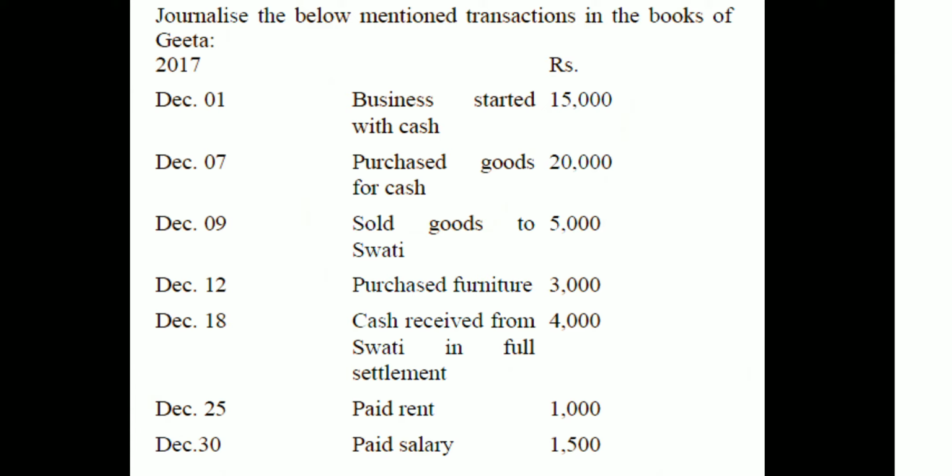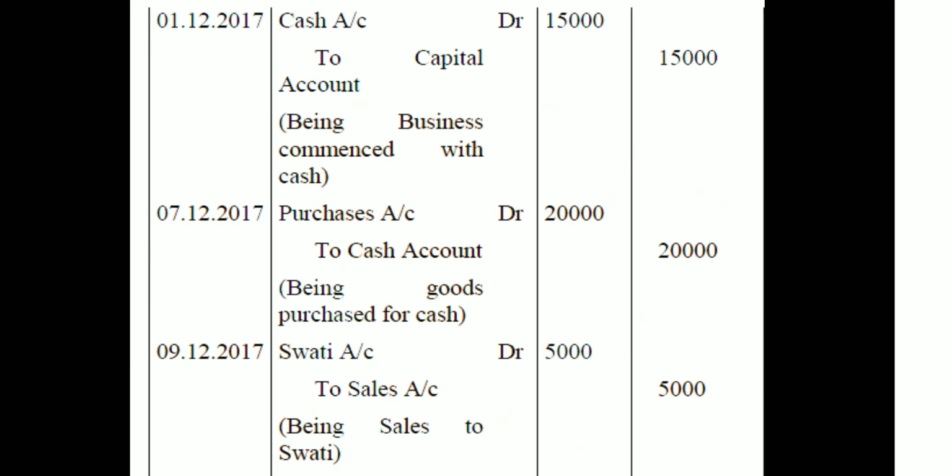For one transaction there is one entry. First of all, the first one is the business transaction: business started. What will we see when we start the business? We will get some cash in the business.